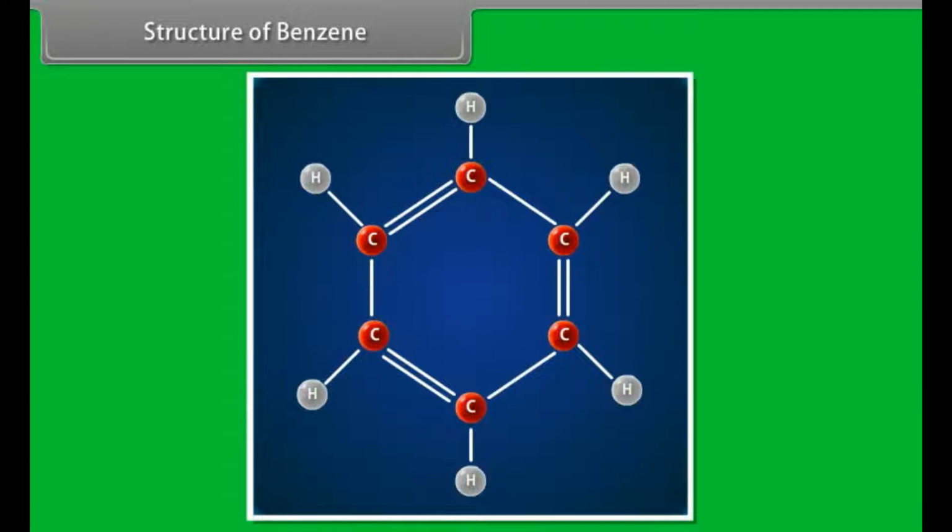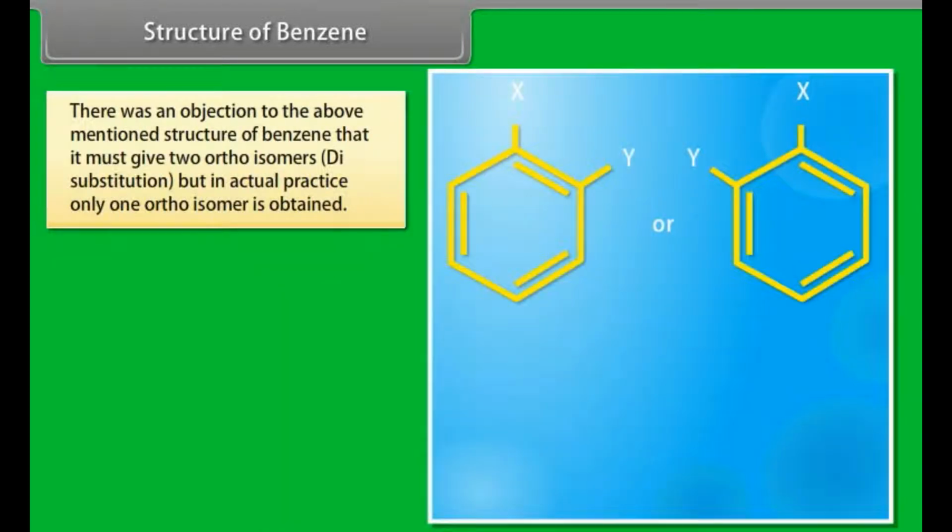There are 3 alternate double bonds between 2 C atoms to complete the 4th vacancy of carbon. There was an objection to the above-mentioned structure of benzene that it must give 2 ortho isomers on disubstitution, but in actual practice, only one ortho isomer is obtained.